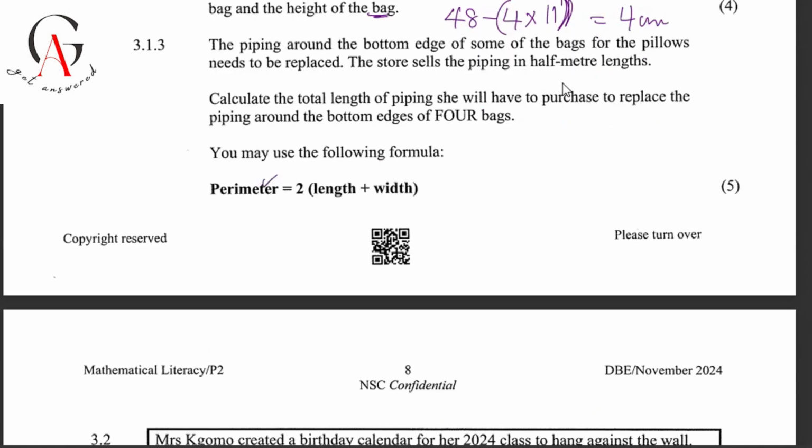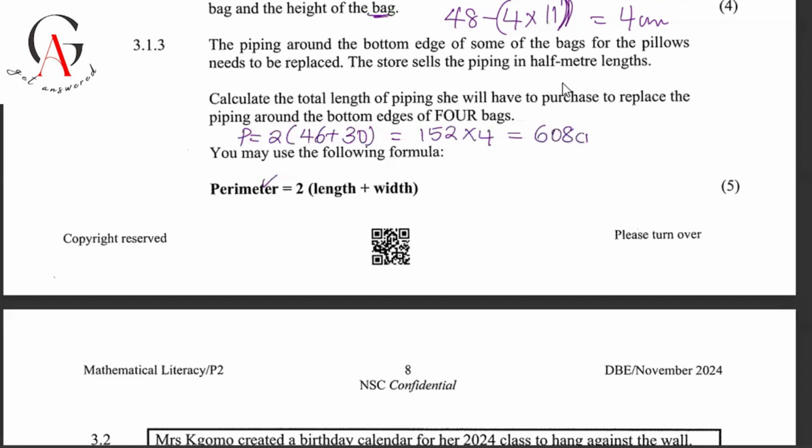So we shall say perimeter equals 2 times 46 plus 30, which became 152. These are centimeters. You see that? But then for 4, we multiply by 4, that's only for 1, then you multiply by 4, so you have 608.